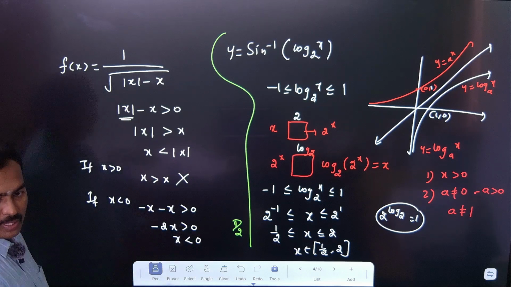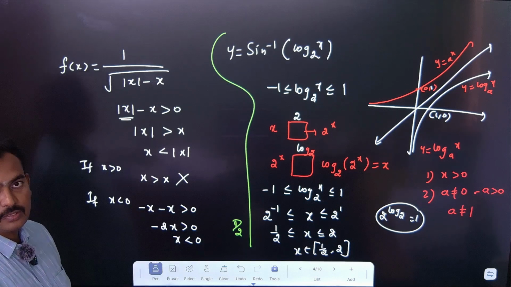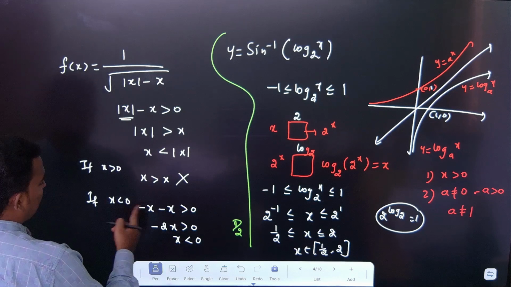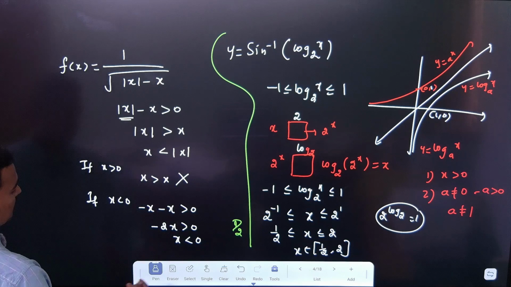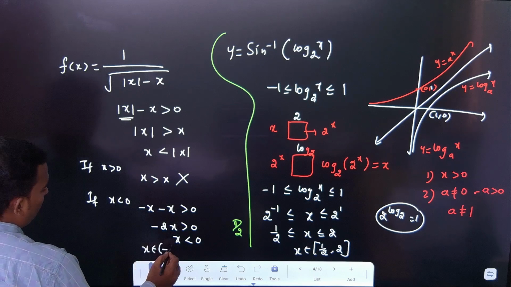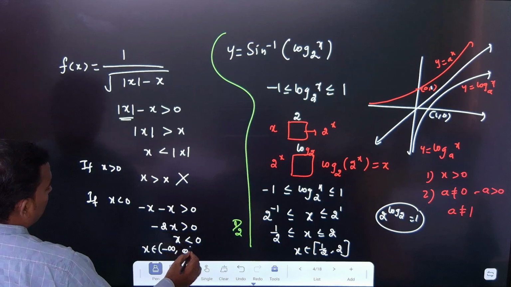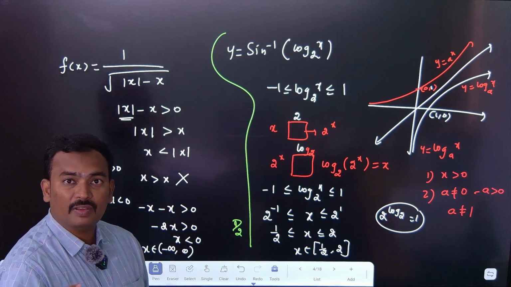The inequality will be changed, right? Okay, so therefore, when x is less than 0, it will work. Therefore, x belongs to minus infinity to 0. 0 is not included, right? This is the domain.